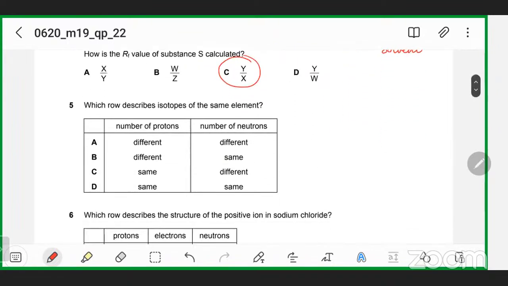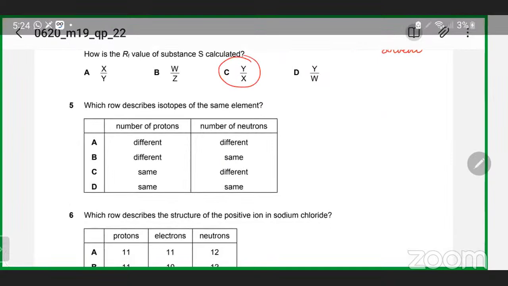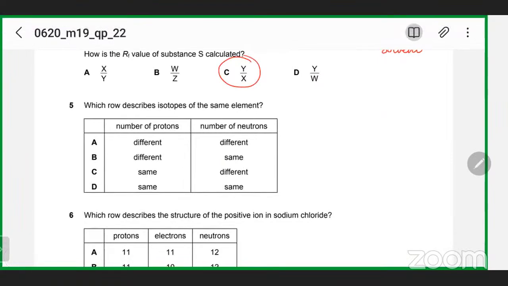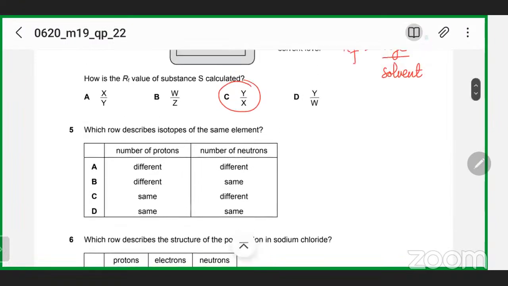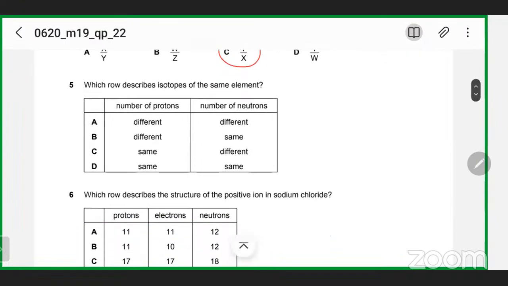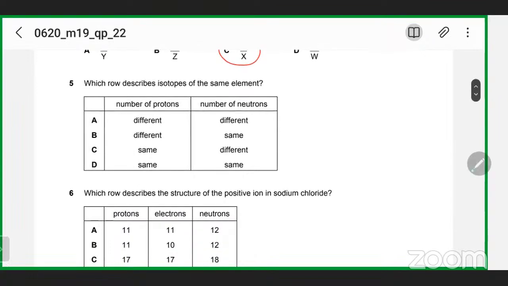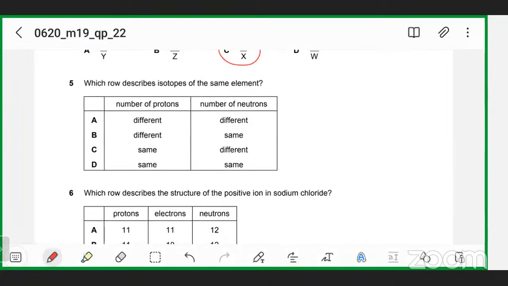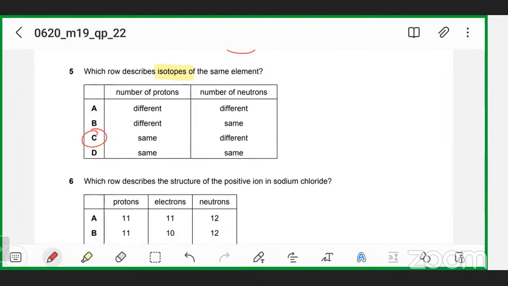So which row describes isotopes of the same element? C. ठीक है, one second. So isotopes have the same proton number, different neutron numbers.